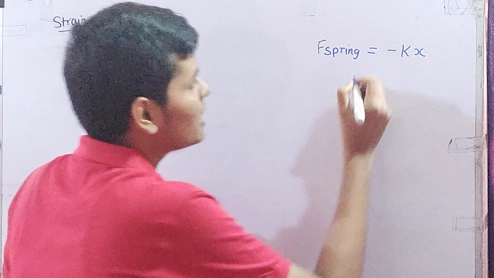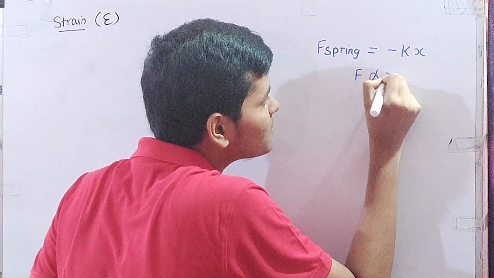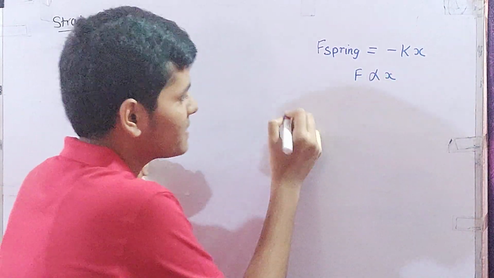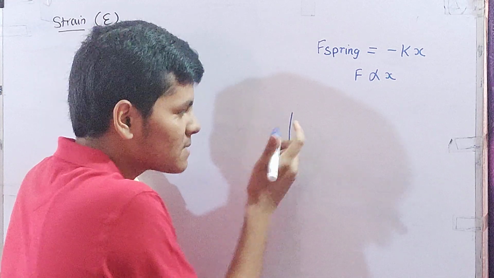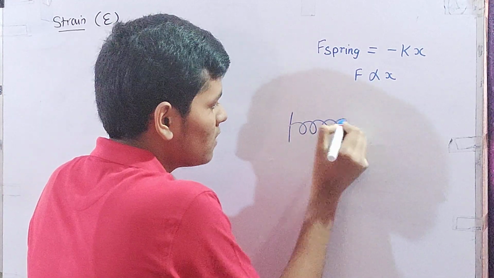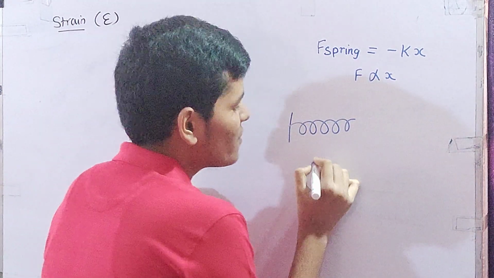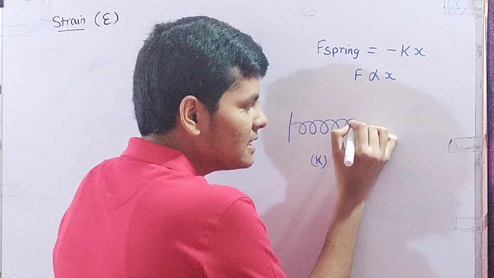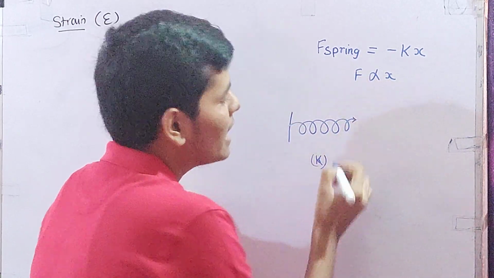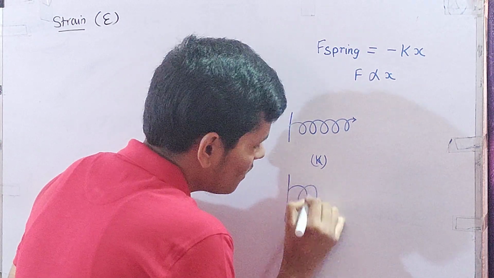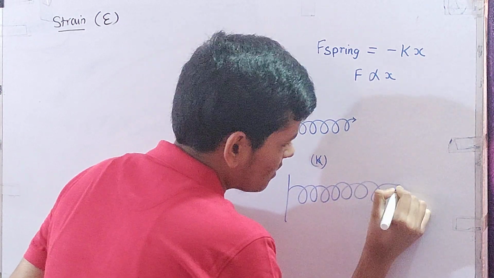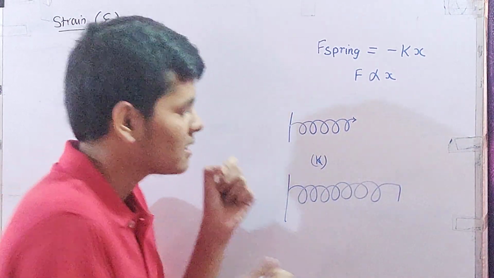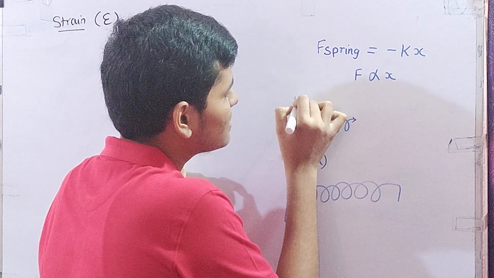This denotes the relation between force and displacement. What is x? Let me explain this concept. When this is a spring, the spring has some coefficient, that is known as k. So when you take this end of a spring and pull it, it produces some displacement. The spring loosens.